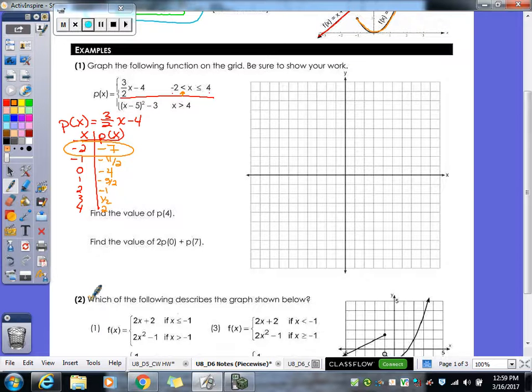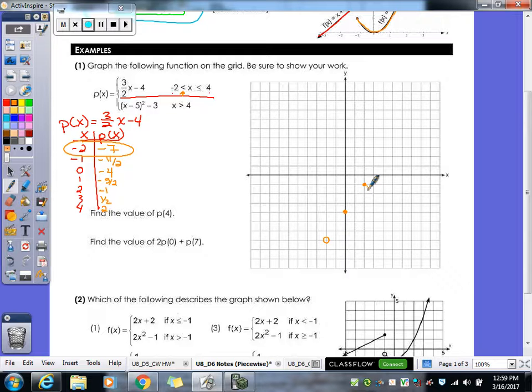Once you have your points, we're going to go and plot them. Again, -2, -7. I'm going to put an open circle instead of a closed circle because it did not have the equal to. It was just a less than. And then I'm just going to graph my whole numbers. So then I'm going to go 0, -4. And then 2, -1.